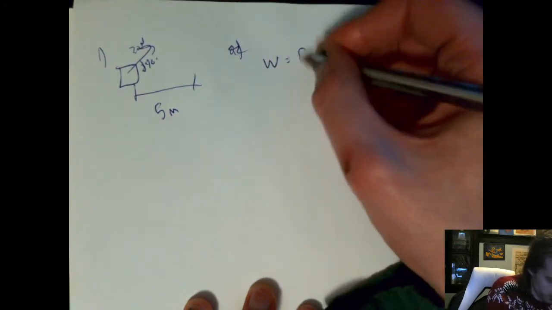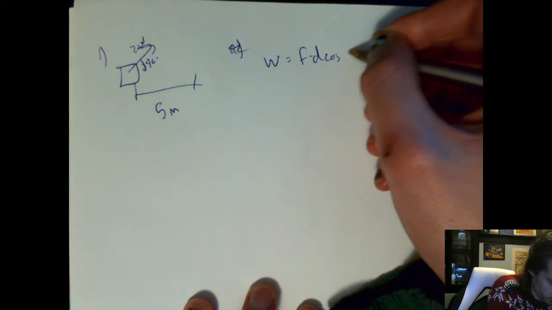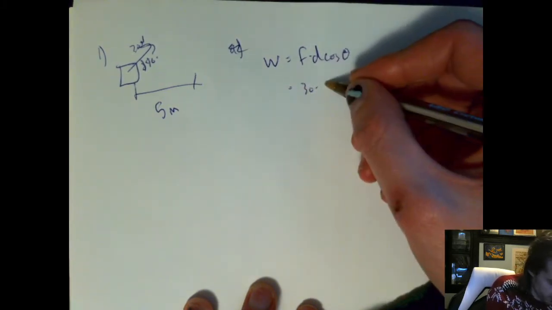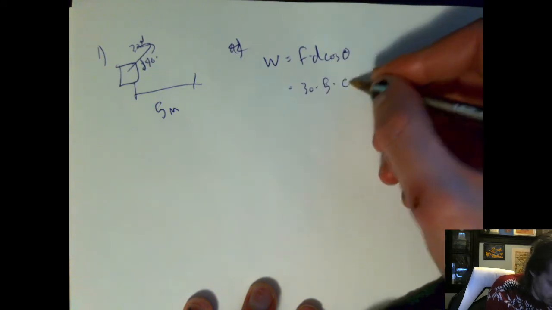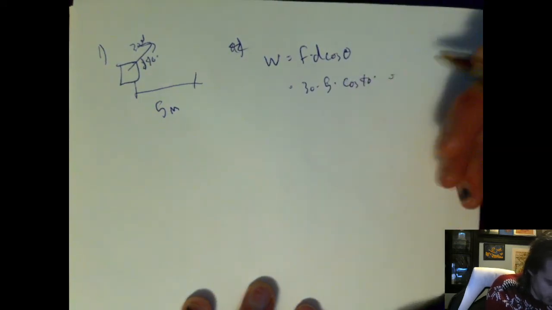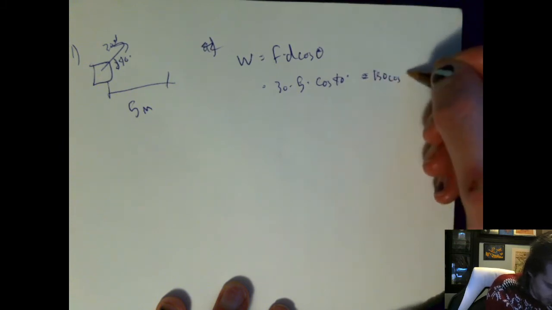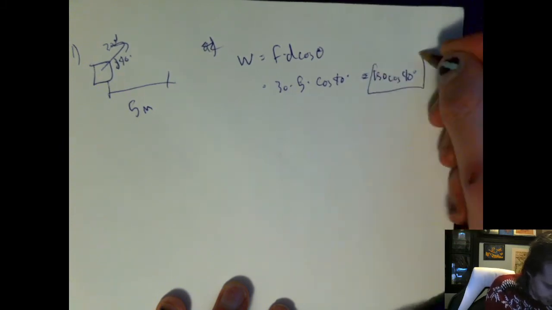Our work is going to be equal to F d cosine of theta. We have our force, it's 30. We have our distance, it's 5. We have our cosine of 40 degrees. So our answer will be 150 times the cosine of 40 degrees.